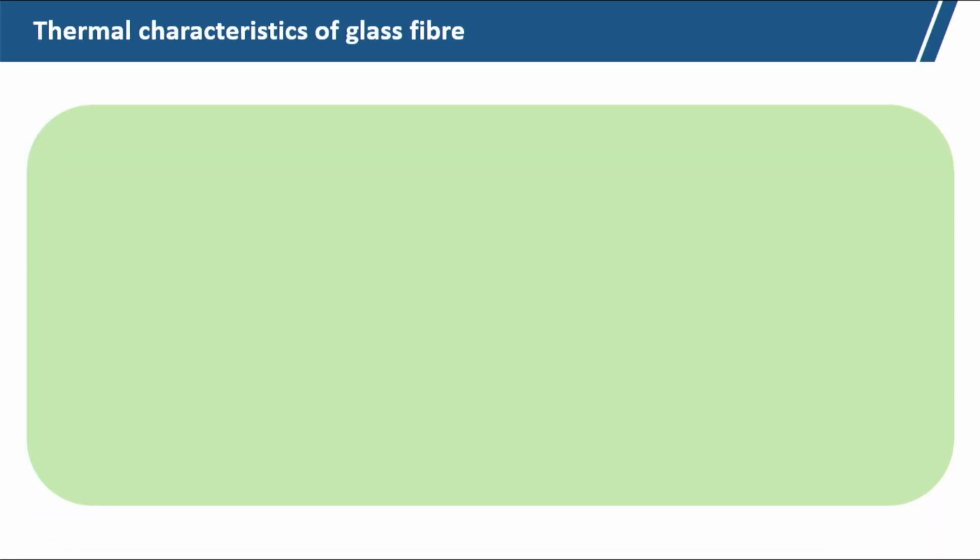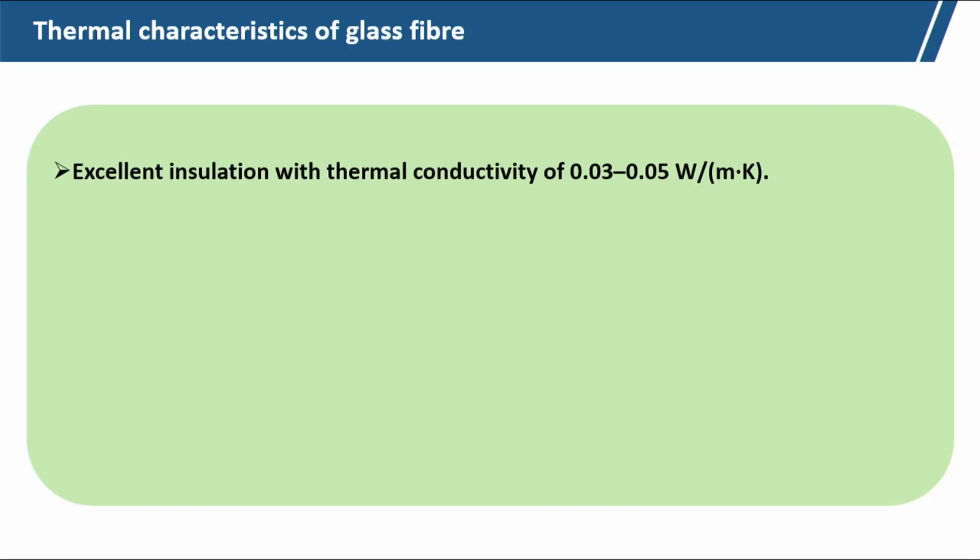Now, as far as thermal characteristics is concerned, it is an excellent insulator with thermal conductivity of 0.03 to 0.05 watt per meter Kelvin. So, it is very insulating, excellent insulation is there.